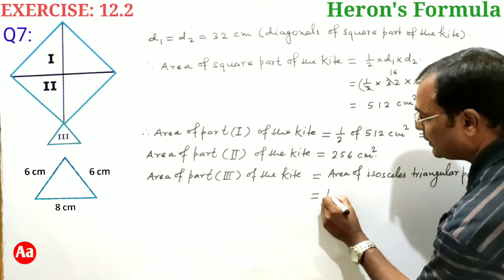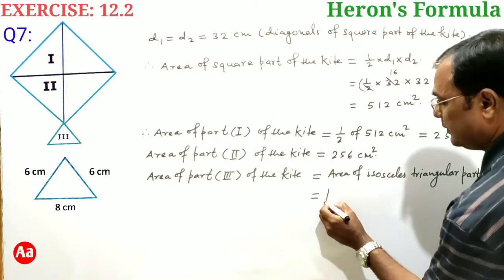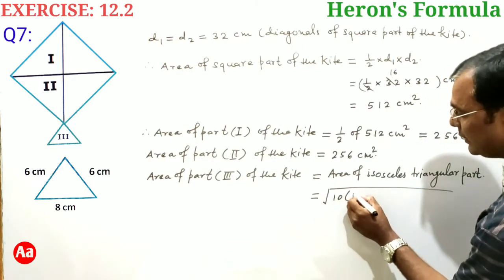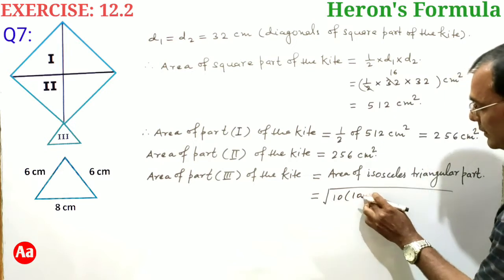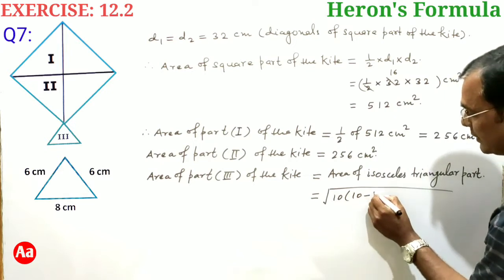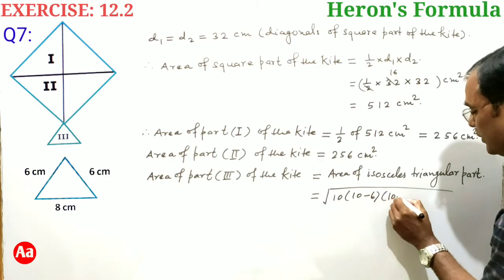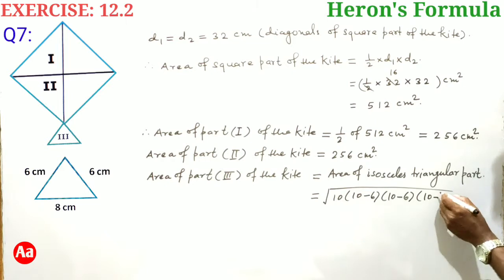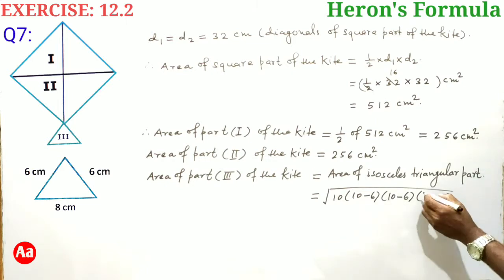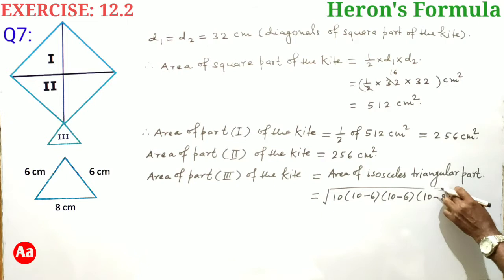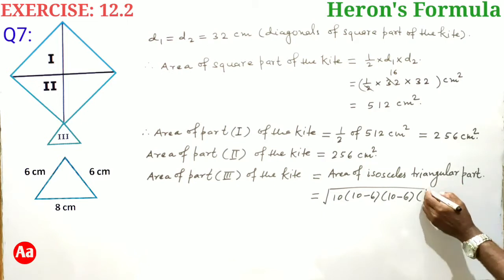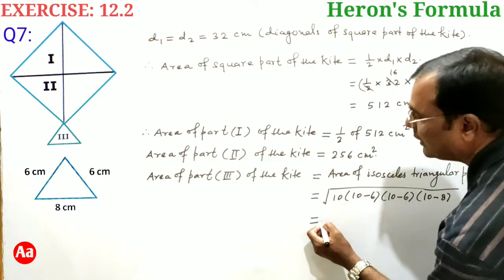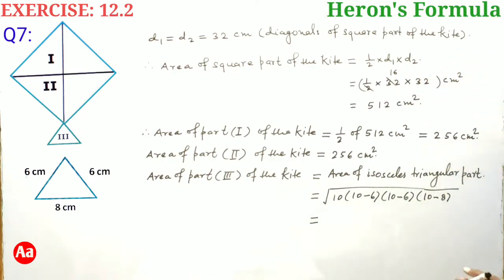So let's use Heron's formula directly as 10 into 10 minus 6 into 10 minus 6 into 10 minus 8. Heron's formula we are using here to find the area of the isosceles triangular part of the kite, that is the third part of the kite.